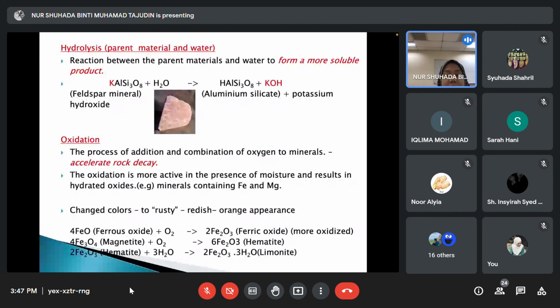For example, ferrous oxide plus oxygen becomes ferric oxide, another level of ferrum. Magnetite becomes hematite. Then hematite plus water, which also has oxygen, becomes limonite.